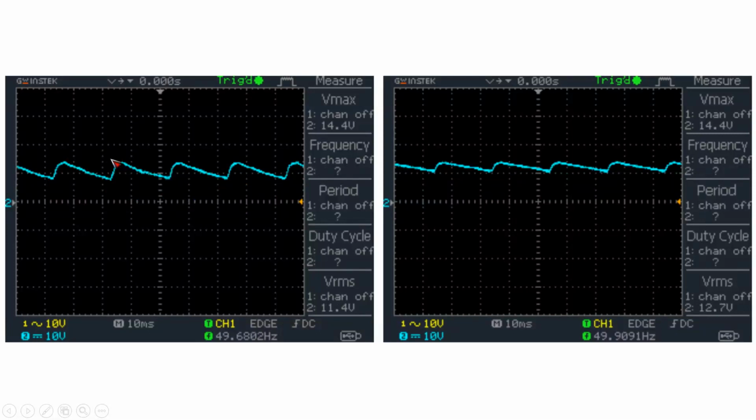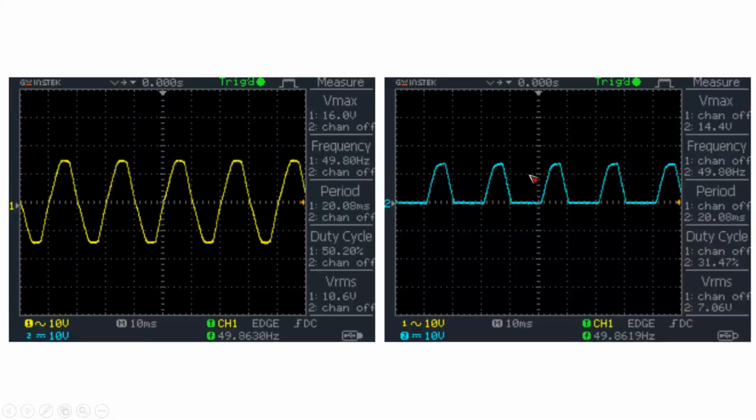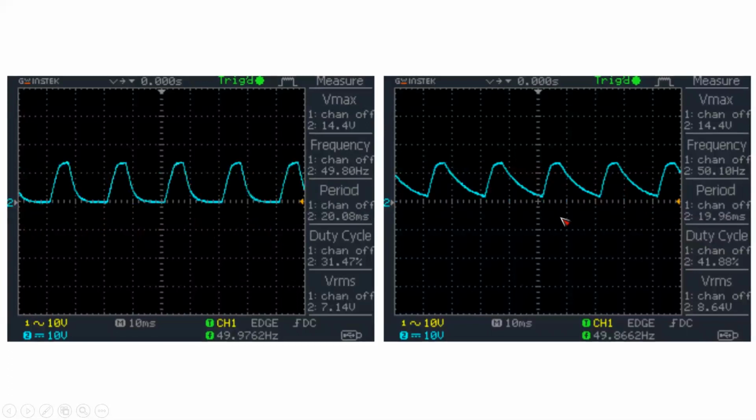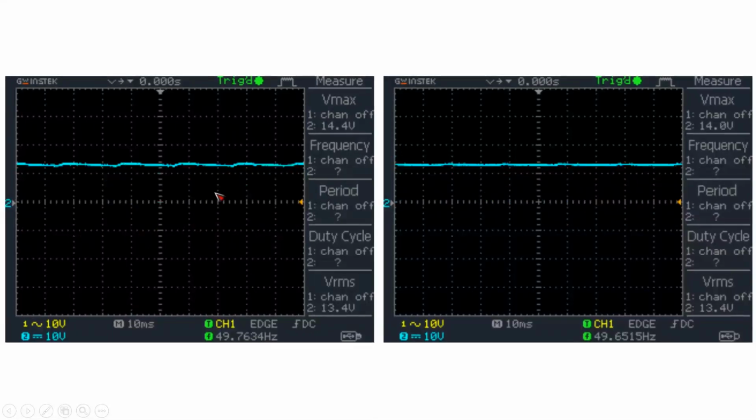I forgot, maybe 22, not 4.7. It is 22 microfarad. This is 47 microfarad. This is 100 microfarad. This is 200 microfarad. So as you can see, no capacitor, then more and more capacitor. If we use a bigger capacitor, your curve will be flatter.